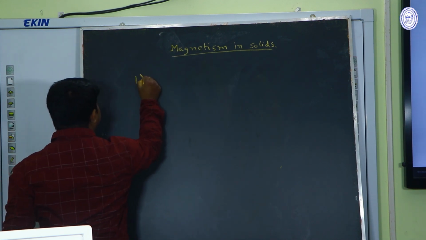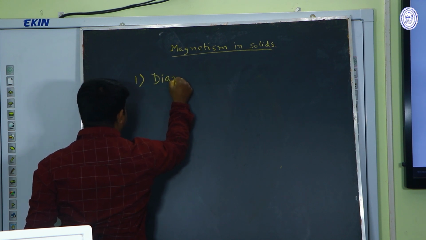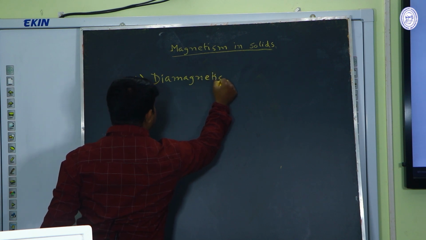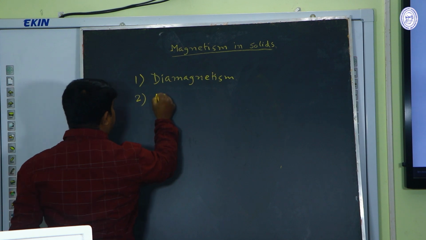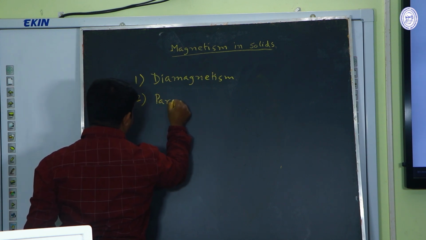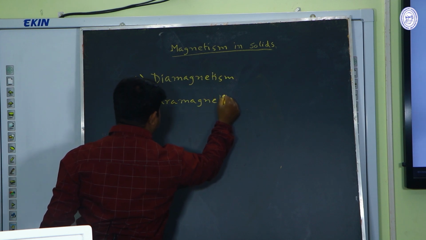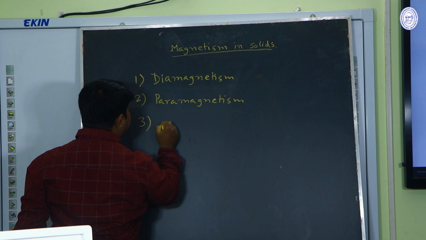One, diamagnetism. Two, paramagnetism. Three, ferromagnetism.